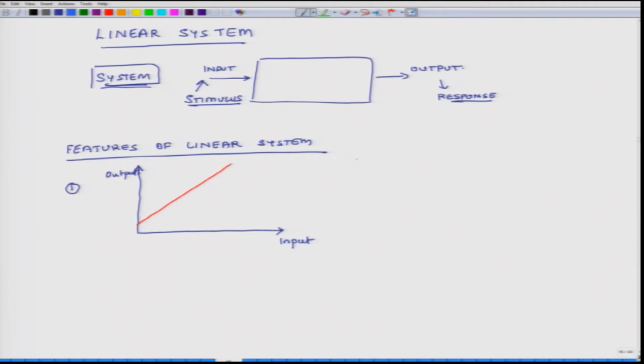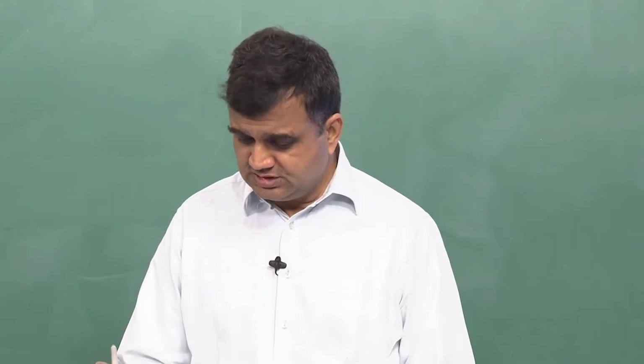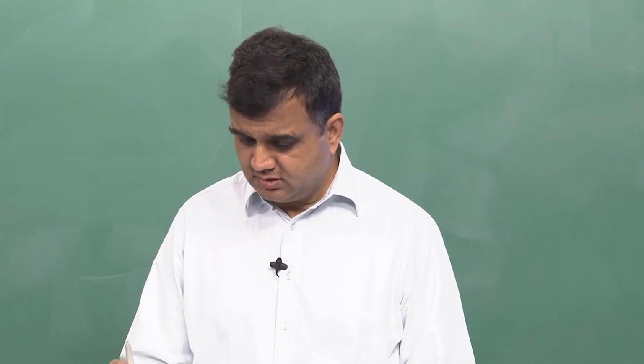Example. We will see an example. Consider a spring and a mass, and I am applying a static force F naught. This is static force. In this case the stimulus is the force, and what is the response of the system? Response of the system is displacement in the spring.